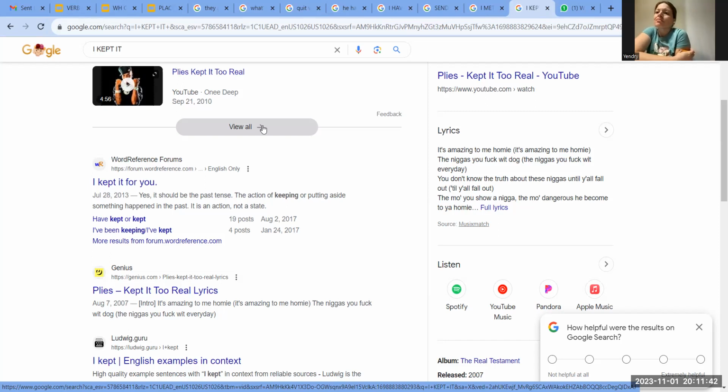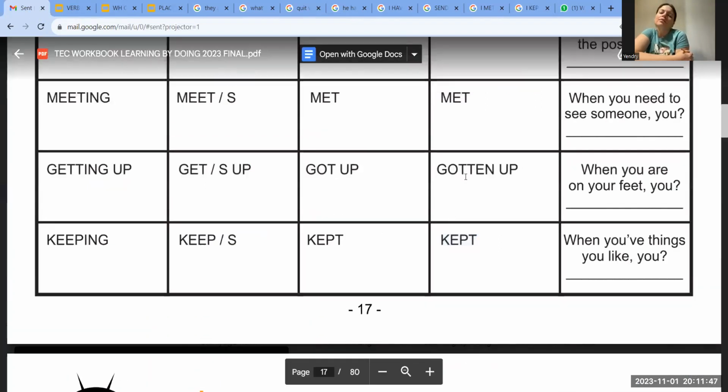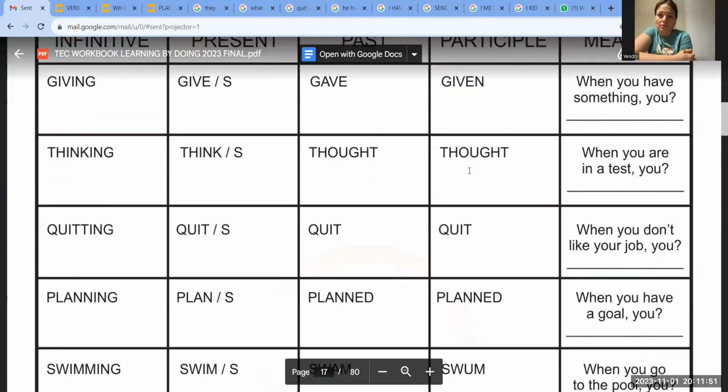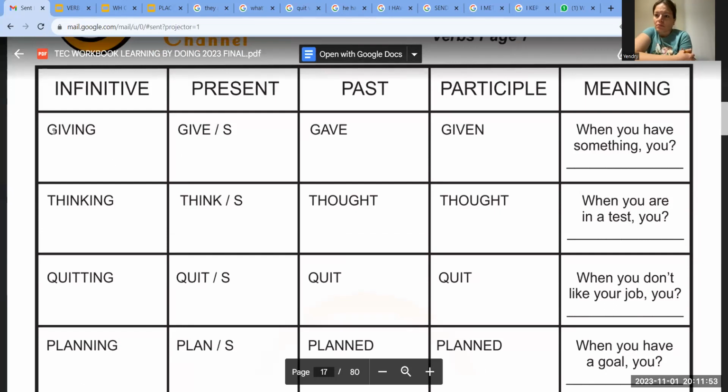I kept it. Or sometimes la gente quiere tirar algo y de repente, no, I keep it. I'm gonna keep it. All right, let's do some jumping verification for this ending of the class.